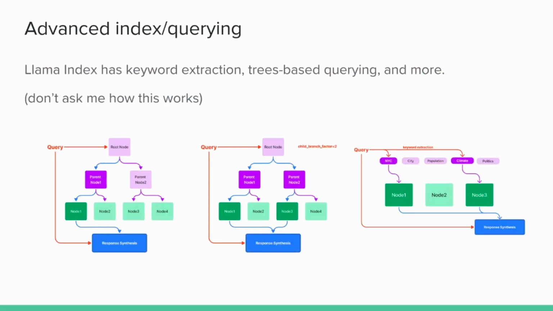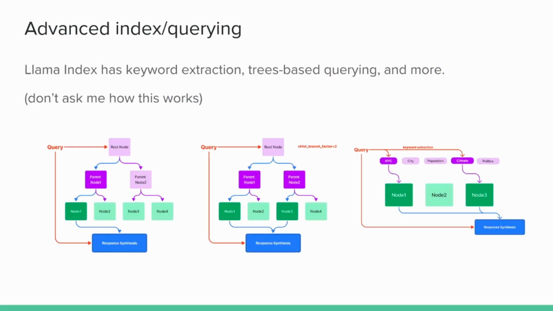And then lastly, there are people smarter than me, or at least who know a lot more than me, who have gone really deep in many ways to improve things like this. LlamaIndex is a project that has all sorts of other structures that it uses for indexing and search.